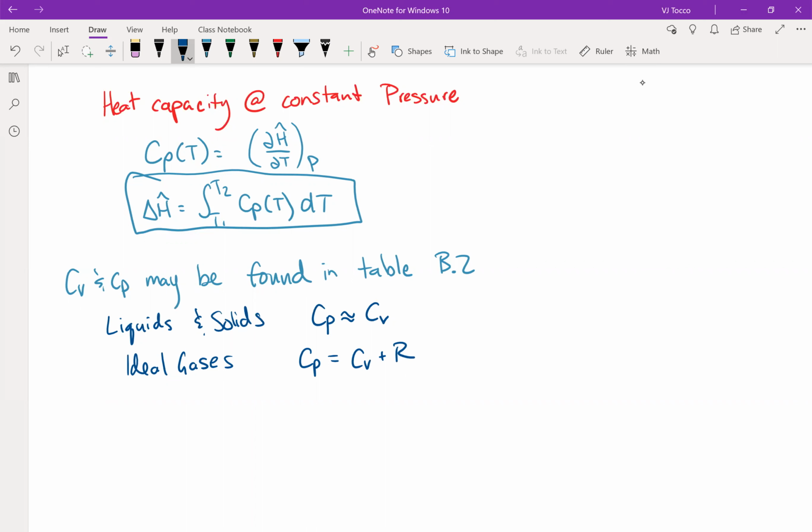But the point is that if you're looking for CV and you go to table B2, you can use CP interchangeably if it is a liquid. And if it is an ideal gas, you can just subtract the gas constant from CP in order to obtain CV. I'll talk about table B2 in the third video from today.